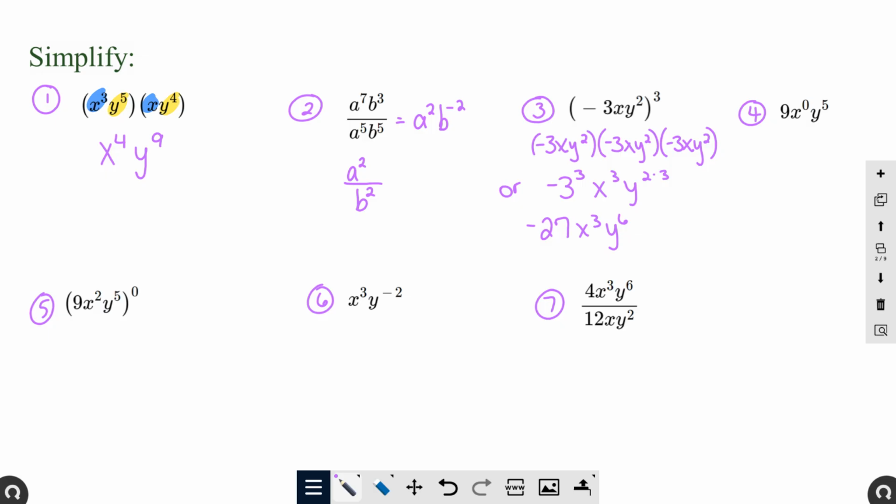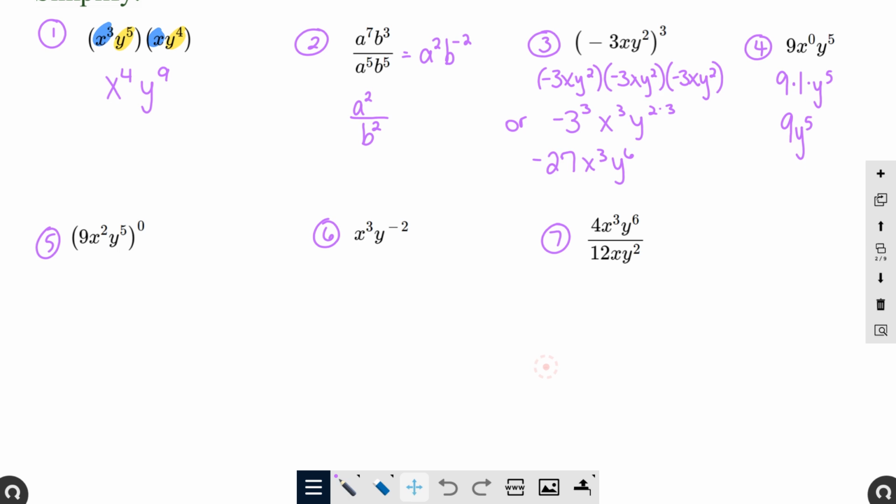What is being raised to the 0 power? Just x. Is the 9 being raised to that power? No. So this becomes 9 times 1 times y to the 5th, or just 9y to the 5th. Anything with a 0 power becomes a 1, and it's going to just multiply all the other things that are there.